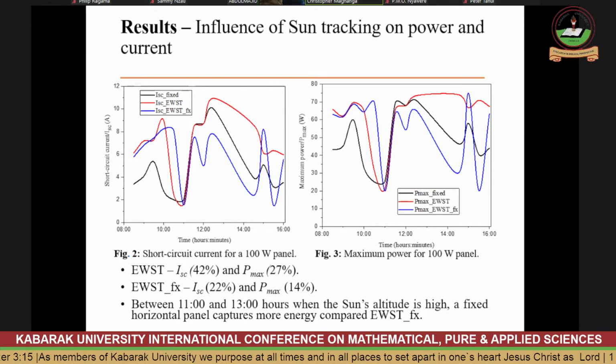Because in my own thinking, I would assume that from 8 you'd have an increase, and then a peak at around 12 to 1, and then the curve starts going down. So I was expecting a very smooth rise and then a fall, with of course some bit of noise. So what is happening here? Because it seems to be replicated by the theory. Maybe you can comment on those two.